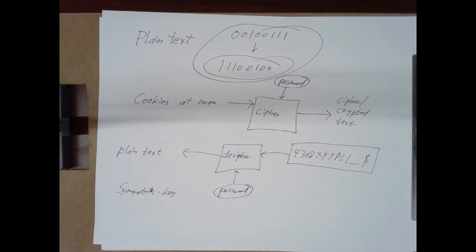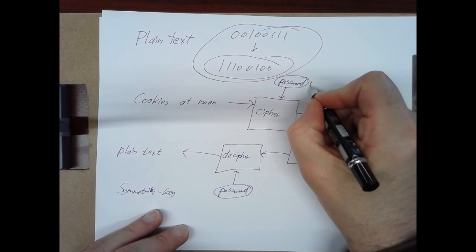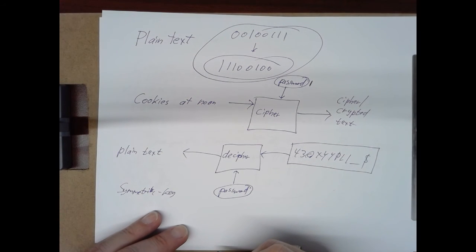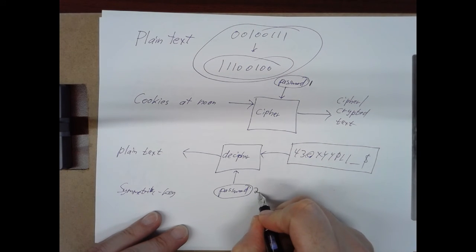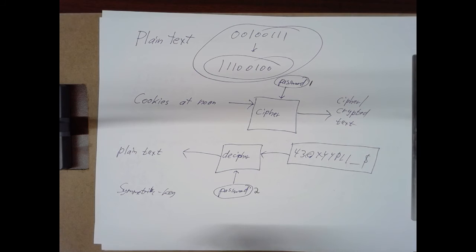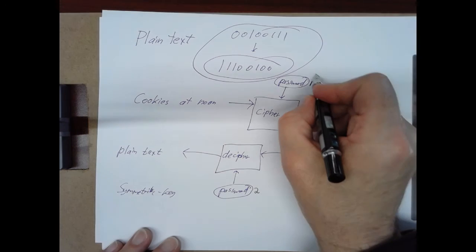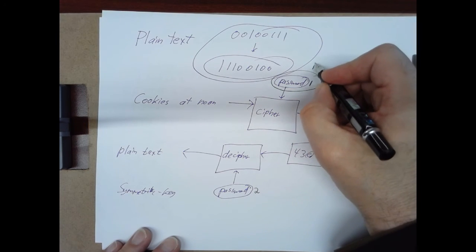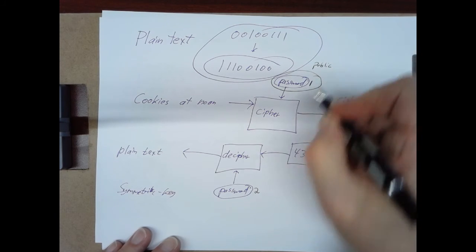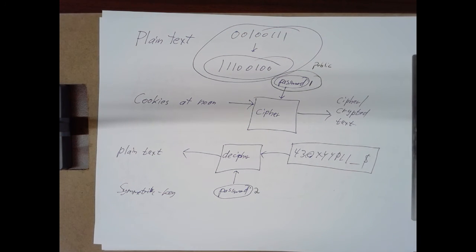So the reason that online commerce works is because we can encipher with password 1, but you need password 2 to decipher. And password 1 is the same for everybody. This is public. Amazon makes this available to any browser that wants to send information.